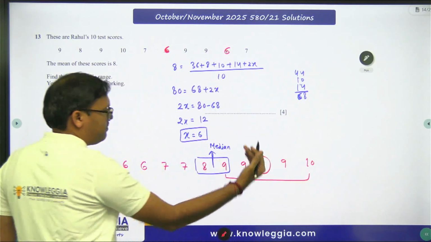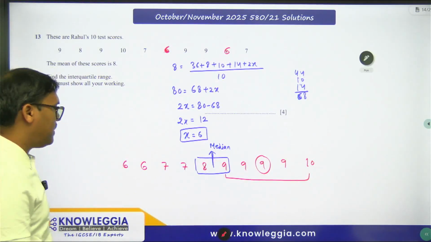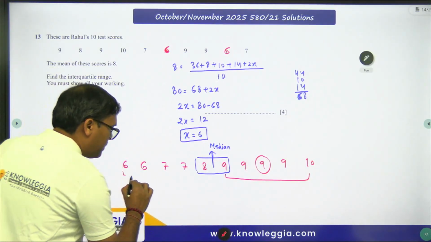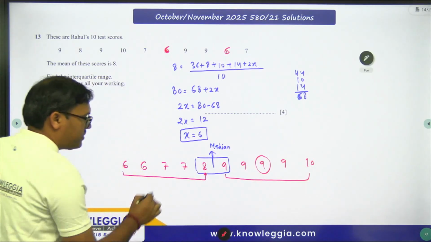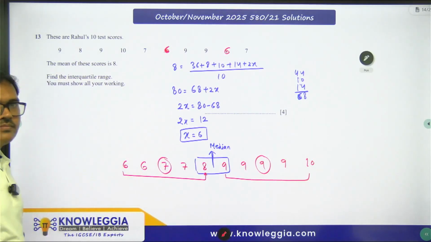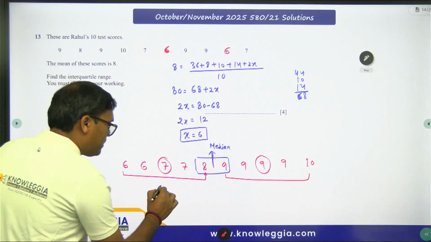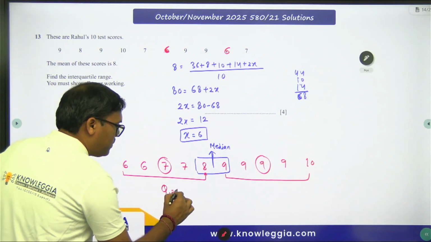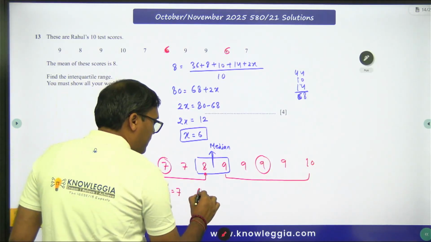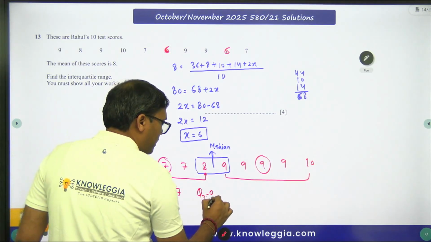You can clearly see this is the middle value. So this is the upper quartile, and what is the lower quartile? This is the median of these data, which is equal to 7. So Q1 is equal to 7. And what is the upper quartile? This is Q3, equal to 9.